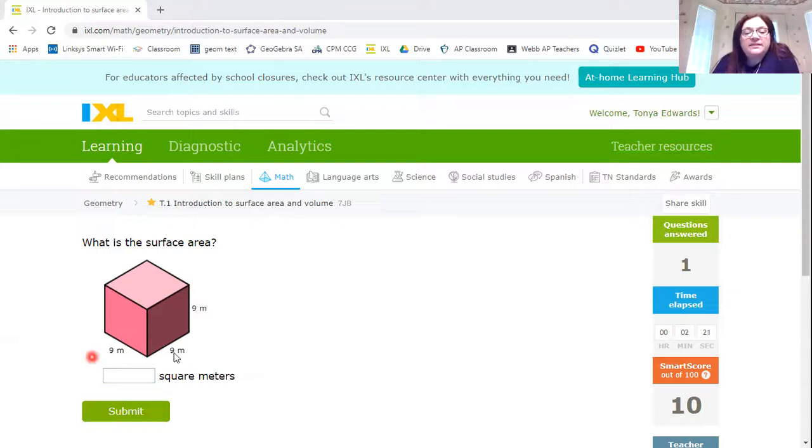So we know the bottom is 9 times 9. That's 81. And we know the top also is 9 by 9. And we know all 4 of the sides are 9 by 9. So if I take 81 times 6, I'm going to get the surface area of this cube, which is 486.